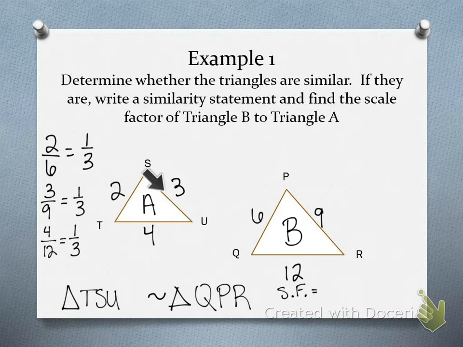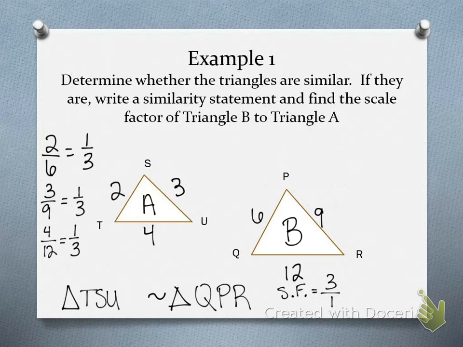Triangle A. We always put this one on top. If they say from B to A, then you better put a side from this triangle on top, which would flip all of these. So we have to realize that our scale factor is flipped to 3/1 if we're going B to A. That was another commonly missed point or two on the quiz. Make sure you're paying attention to which one they want you to start with.